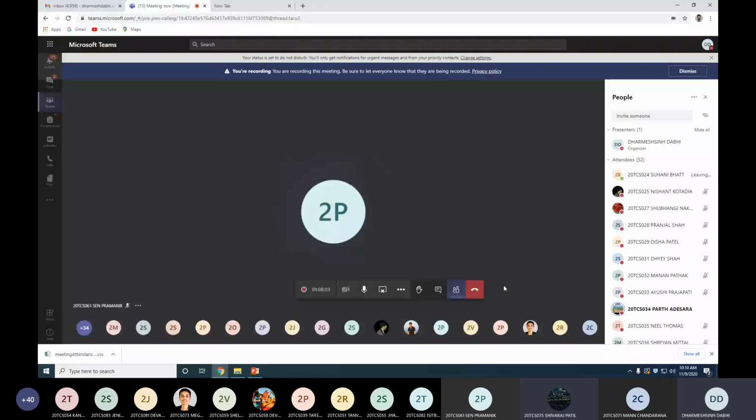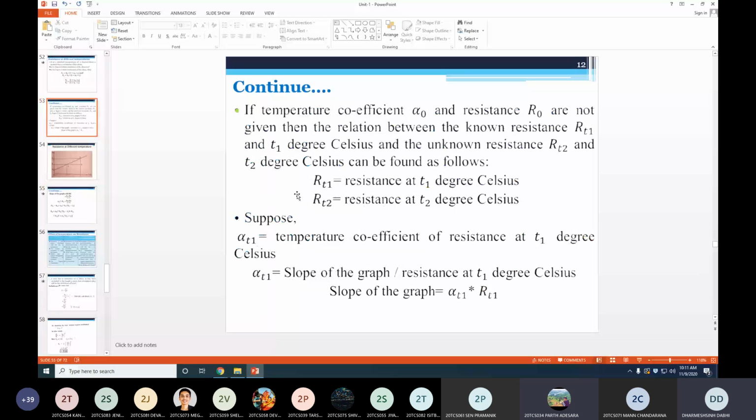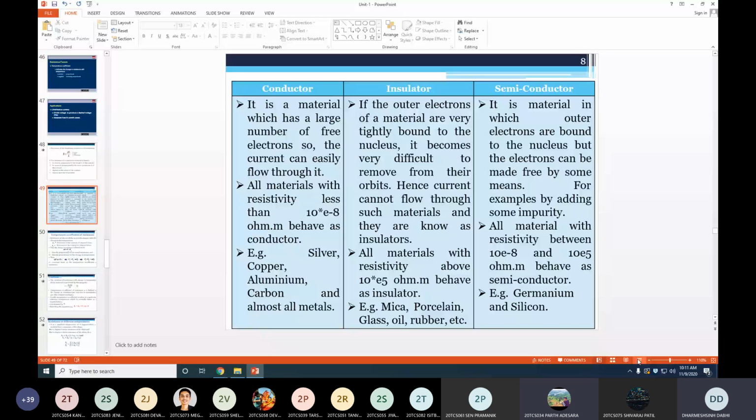Sir, I have a doubt. Yes, sir, go ahead. In the question, will it be given whether it is a 5-band resistor or a 4-band resistor? In the previous topic, the calculation of resistance. Suppose the question is 5, 3 and 4 times 0, we have to find the resistance.